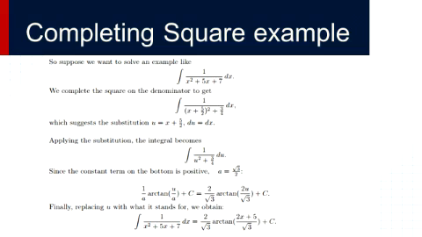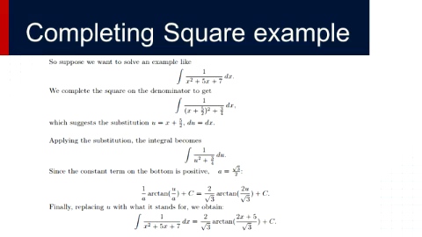We'll get u equal x plus 5 over 2 and du will equal dx. Now our integral will be 1 over u squared plus 3 over 4. Since the constant term on the bottom is positive, we'll let a equal root 3 over 2 for now.